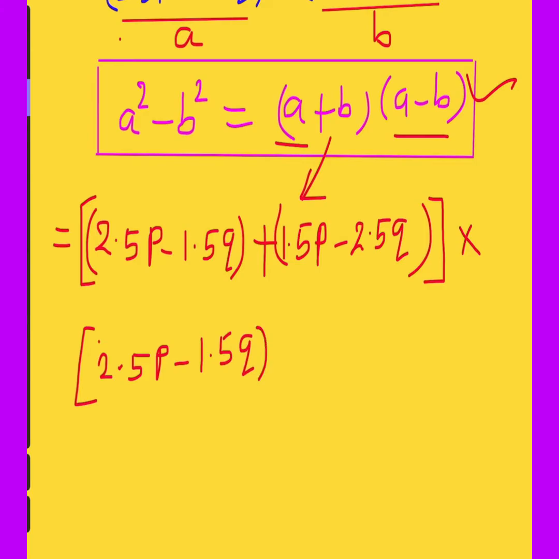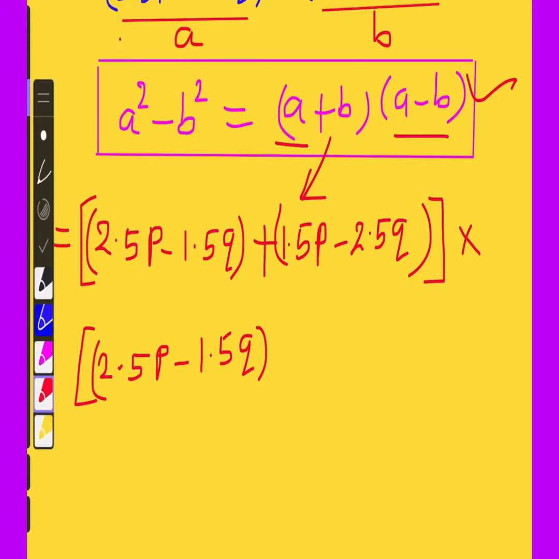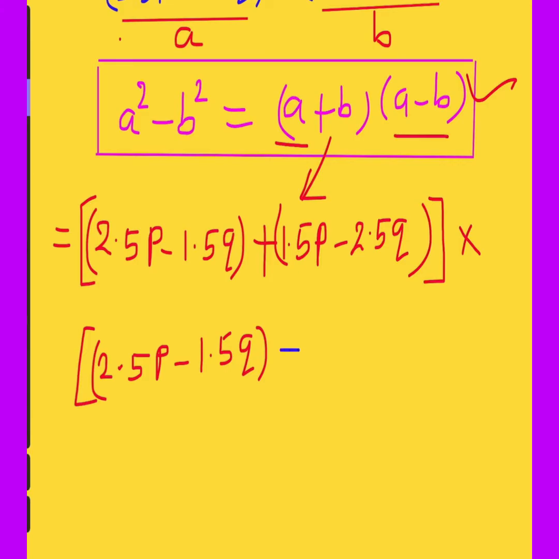After that, see here, this one is minus b, so you mark the sign minus, and again a minus b, so minus, then you put b, b means 1.5p minus 2.5q.